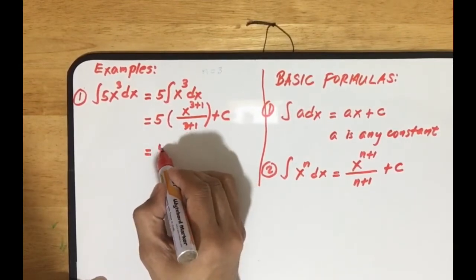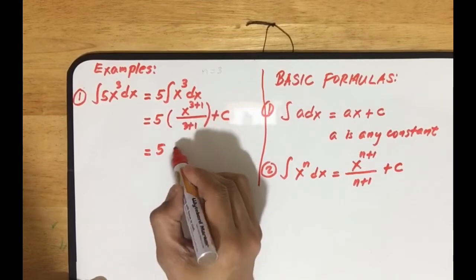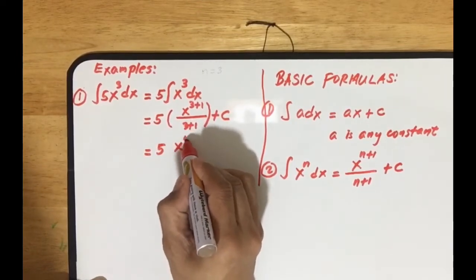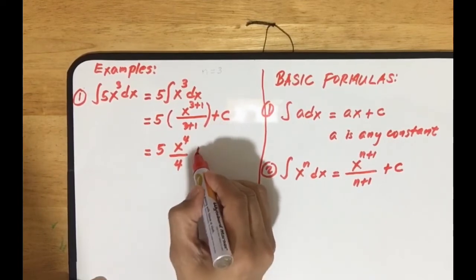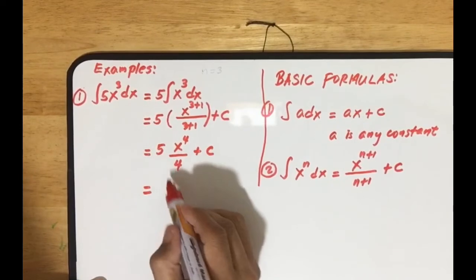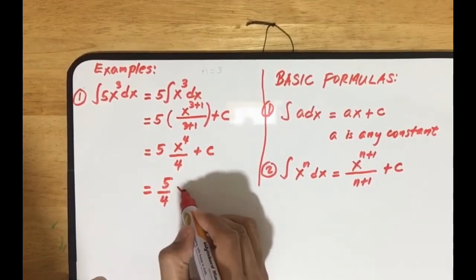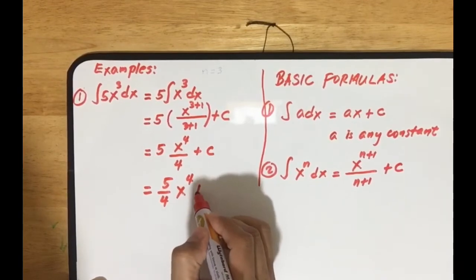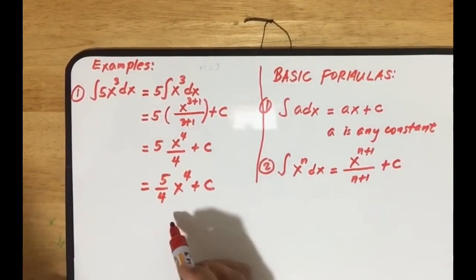So this is equal to 5 x to the power 4, divided by 4, since 3 plus 1 is 4, plus c. You can rewrite this as 5 divided by 4 times x to the power 4 plus c. That's our answer.